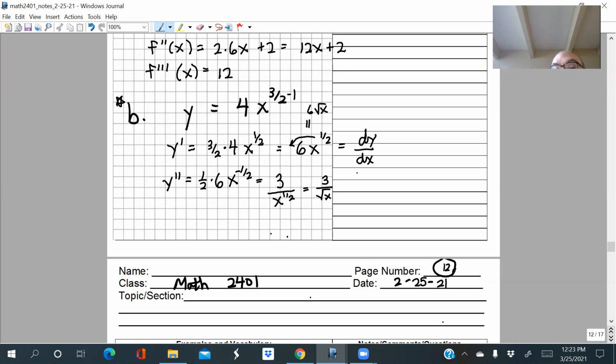That is another way of indicating first derivative. So dy over dx is the same as y prime. Using this notation to indicate second derivative, it comes out looking kind of funny. You're going to use a superscript of 2, so it looks like an exponent of 2, right?